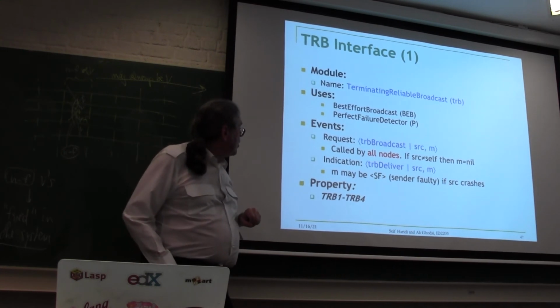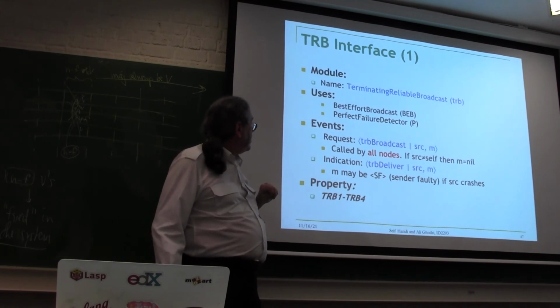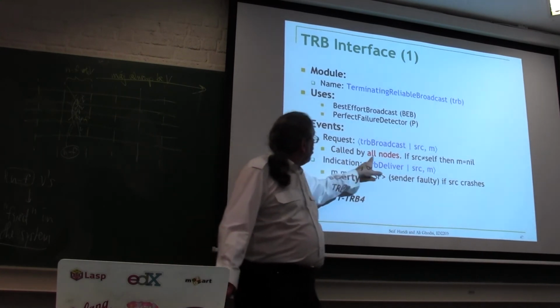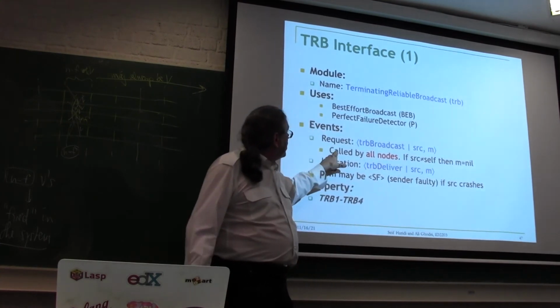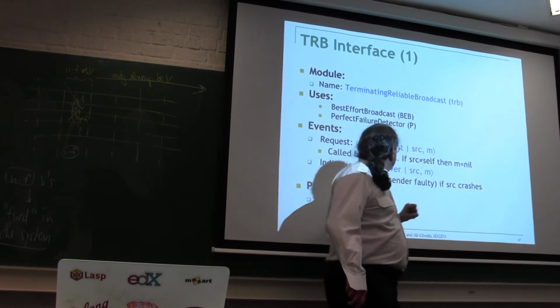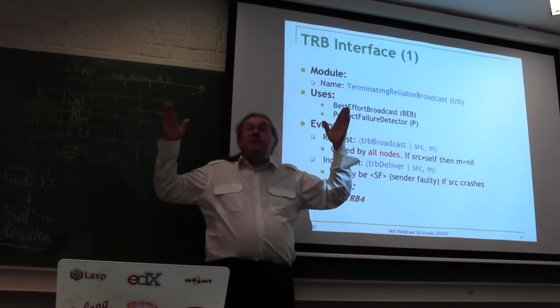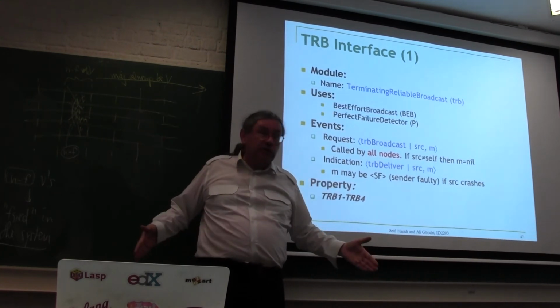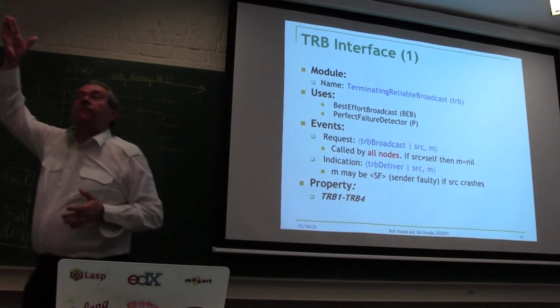So you do a TRB broadcast. Here all the nodes have to call it. It's a little bit different, but the ones that don't broadcast will just send a nil message. So somehow all the nodes have to say the algorithm has started, and then all the nodes will see when the algorithm is done.